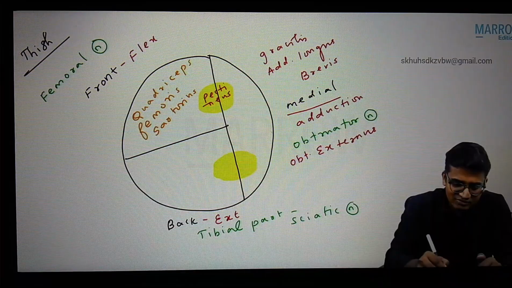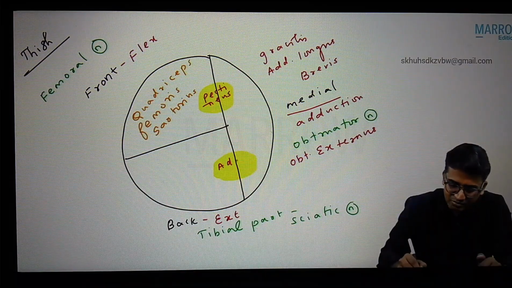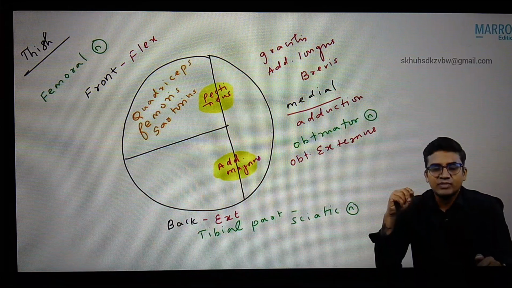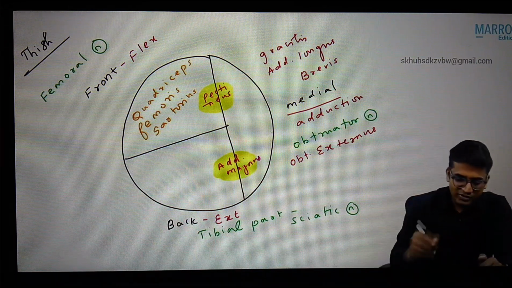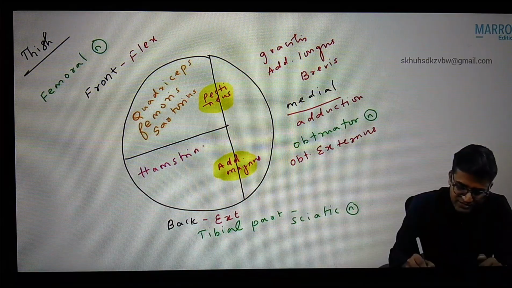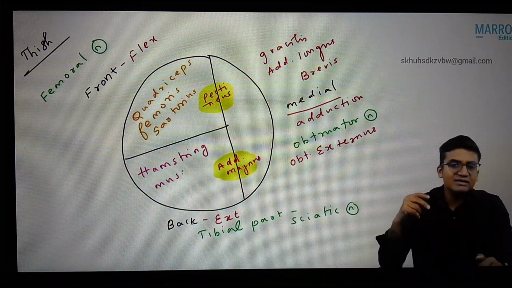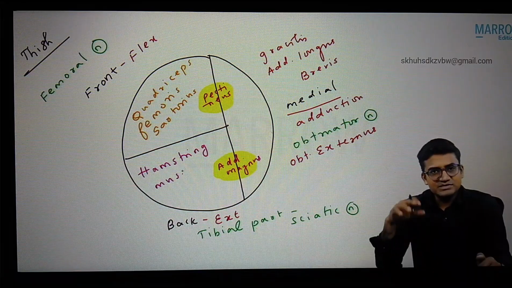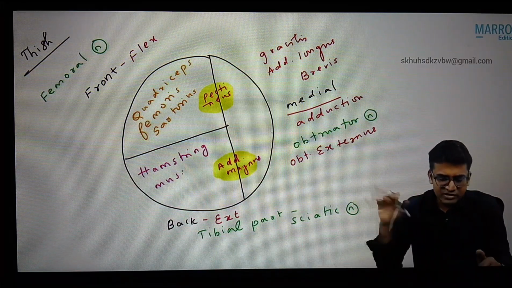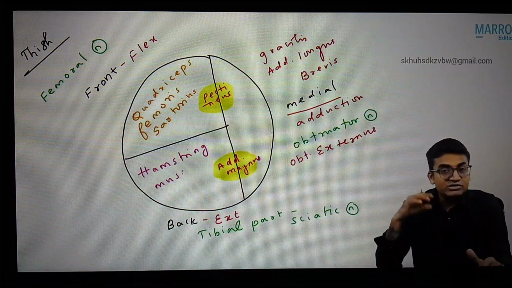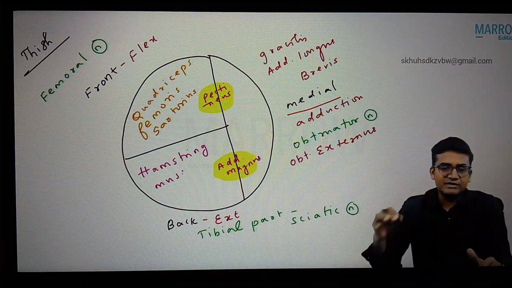That muscle is our adductor magnus muscle. And in the back of thigh, we have hamstring muscles. Hamstring muscles are semitendinosus, semimembranosus, and the biceps femoris muscle. We will see hamstring muscles in detail, don't worry. Now please remember, in the back of thigh, we have hamstring muscles. Now these are the muscles present in each compartment.